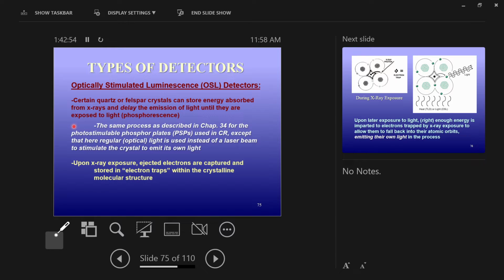So again, remember, X-rays are potential energy. When they strike an atom, they deposit their energy into the electrons of the atom. An X-ray photon hitting an electron, what can it do to it?